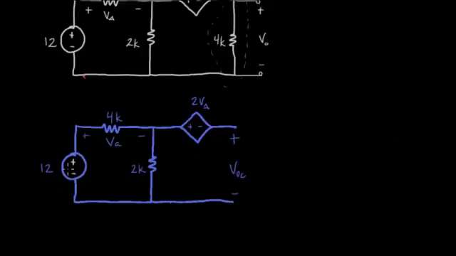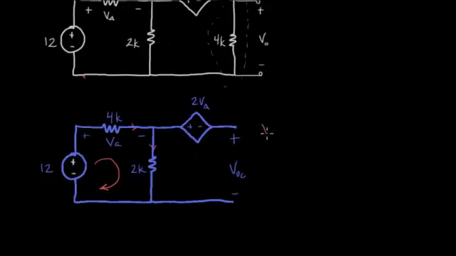Which means that this voltage source, which is driving a current, is driving it only through this loop. So that means that we can solve for VA by doing voltage division here, recognizing that all the current is flowing here and through there.